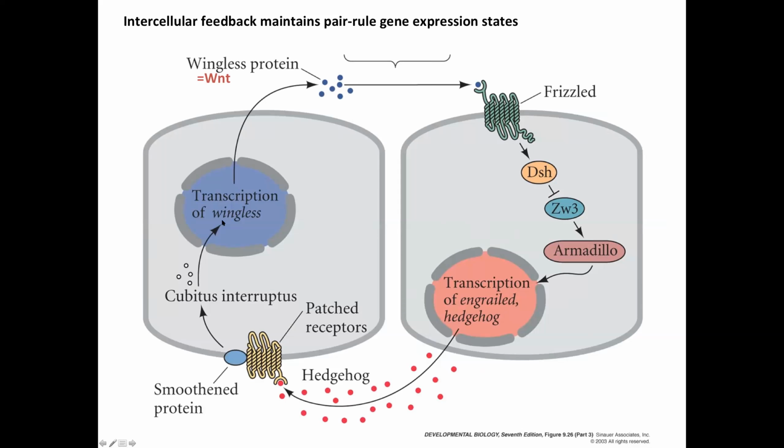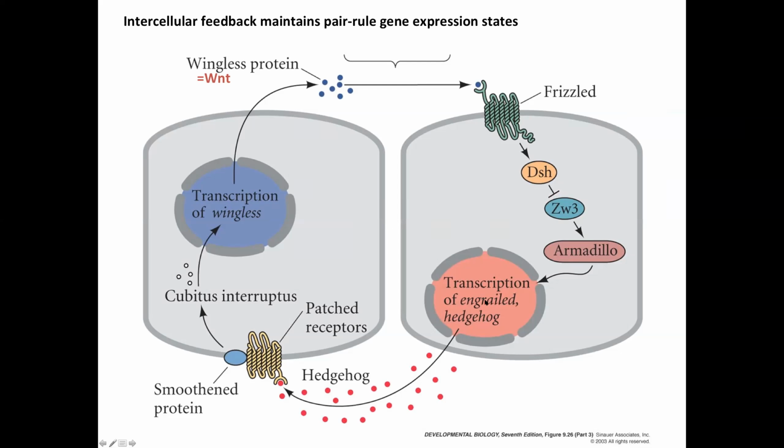So the wingless expressing cells, seen by the neighboring cells, will activate the transcription of engrailed. So this engrailed is now under the control of wingless. And engrailed is another transcription factor, and another target gene of it is the expression of hedgehog.